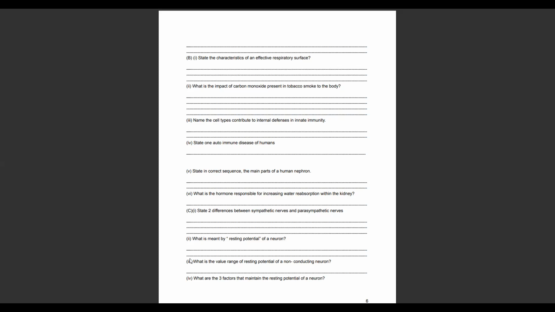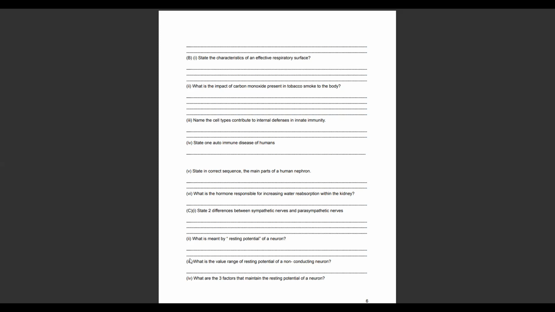First one, it must be permeable and wet so that gases can pass through by dissolving. Next one, it must be thin because diffusion is only efficient over short distances.